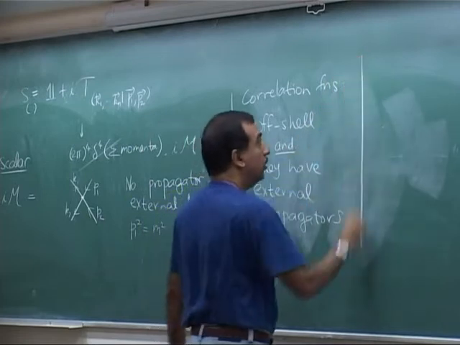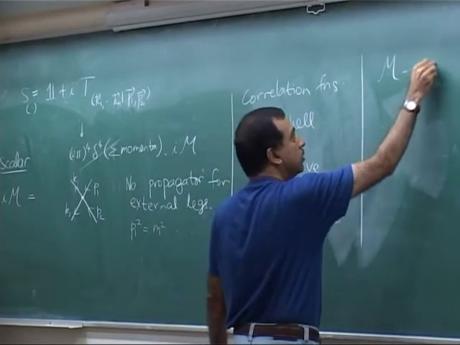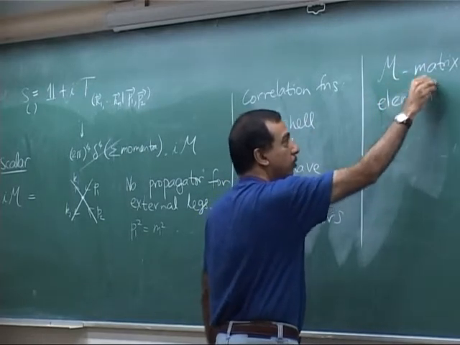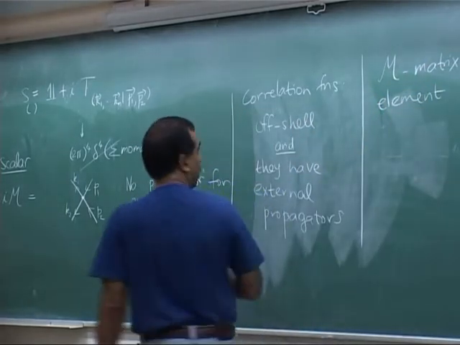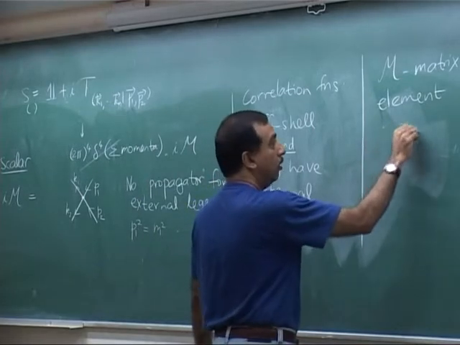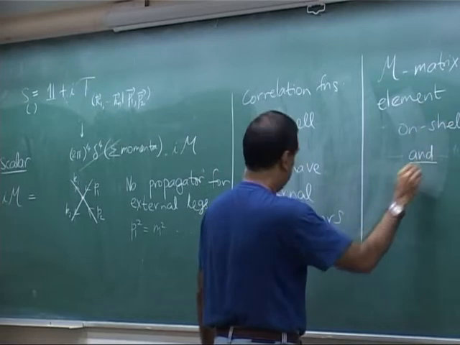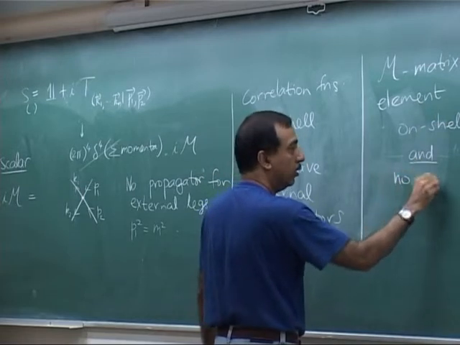In comparison, M matrix elements, which are S matrix elements after removing some trivial parts, are on shell and they have no external propagators.